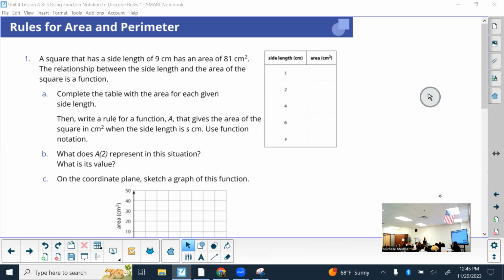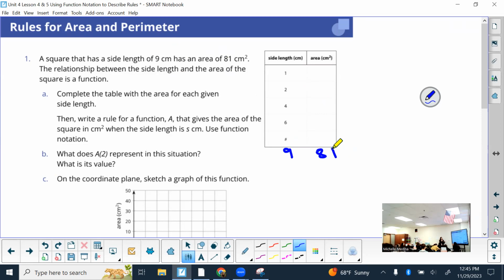Complete the table with the area for each given side length, and then write the rule for function A that gives the area of the square in centimeters squared, when the side length is s centimeters, and use function notation. So they did give you this one. When it's 9 centimeters, my area is 81 centimeters squared. What do we know about squares?